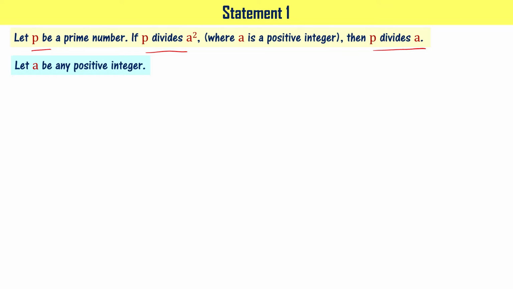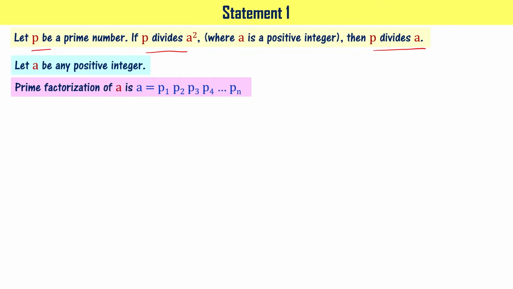Let A be any positive integer. We know that we can express any positive integer or the composite integer as product of prime numbers, right? So prime factorization of A can be written as A equal to P1 times P2 times P3 times P4 times P5 times up to Pn.